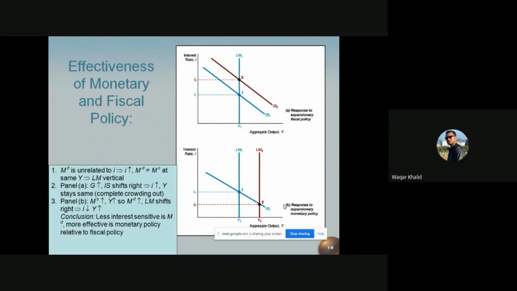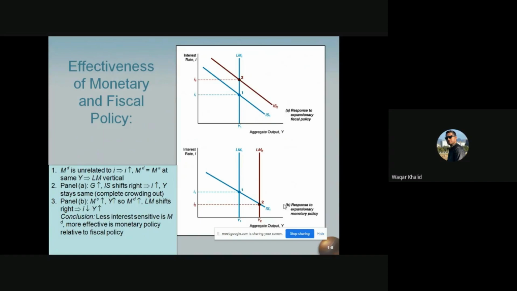Now we have an important point where we are discussing the effectiveness of monetary and fiscal policy. In this topic, we will be talking about which policy is more effective under which circumstances.